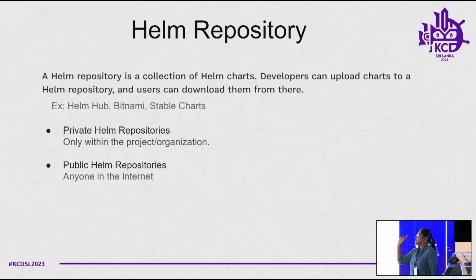I have talked a little bit about the Helm repository. It's basically a collection of Helm charts. Developers can create Helm charts and push to the Helm repository, and users can just pull them from the repository and use them. Helm repositories can be of 2 types, public or private. The Helm charts within a public repository can be accessed by anyone over the internet.